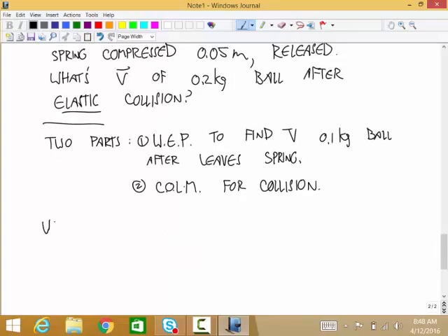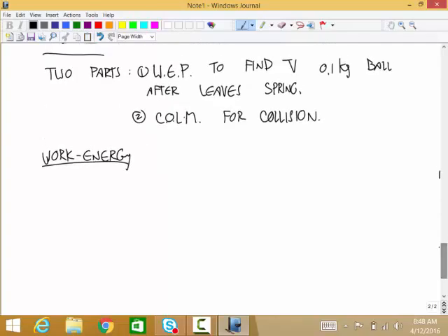So part one, work energy principle. If you think of a free body diagram of the ball, when it's in contact with the spring, there's a spring force pushing on it, there's the weight, and there's a normal force.